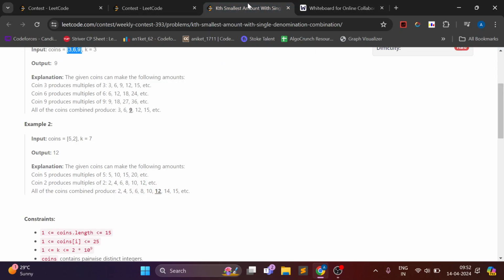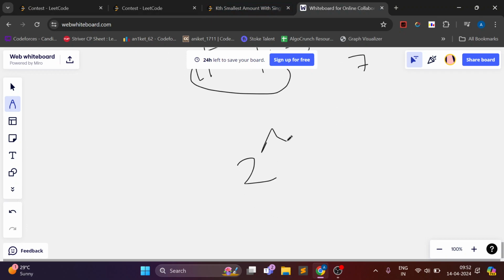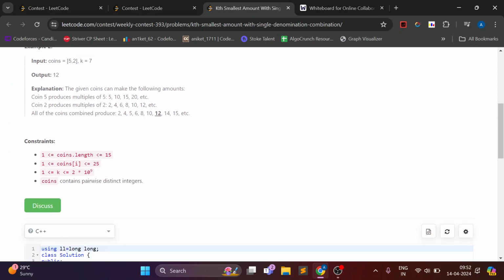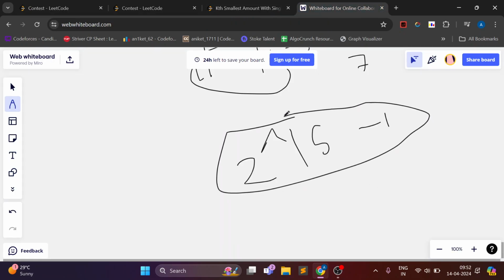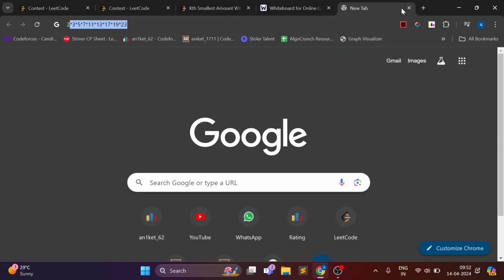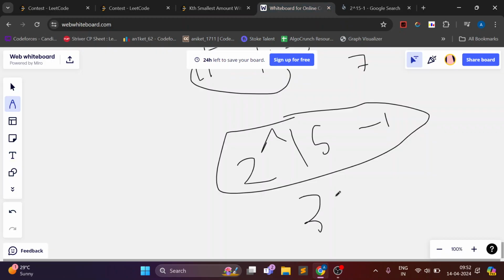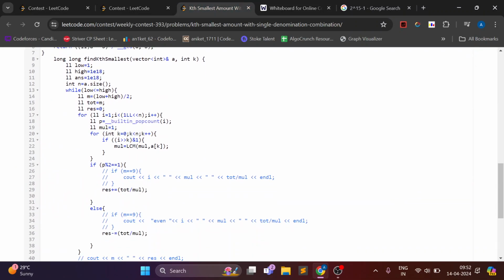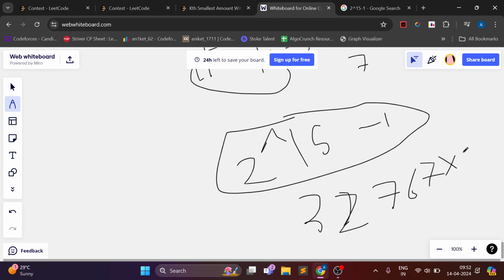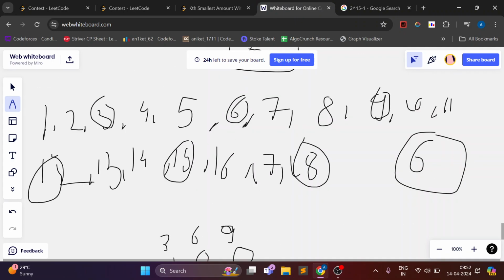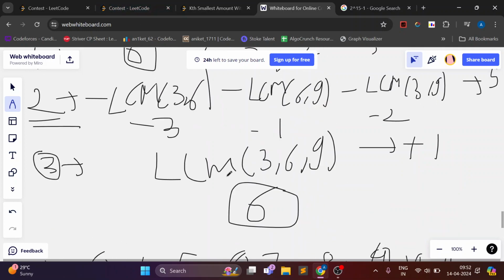And in the worst case it comes out to be 2 raised to the power 15 minus 1, because that is the coins' length. I think this is doable. So 3 to 7, 6, 7, and additional n for iterating over the string or number itself.